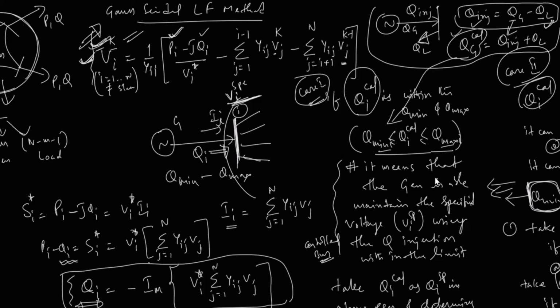From this you have to calculate the actual generator Q it is feeding, that is equal to injection plus QL. Once you get this, you have to compare it with the actual limits, and the rest of the procedure is as it is. There is no change.